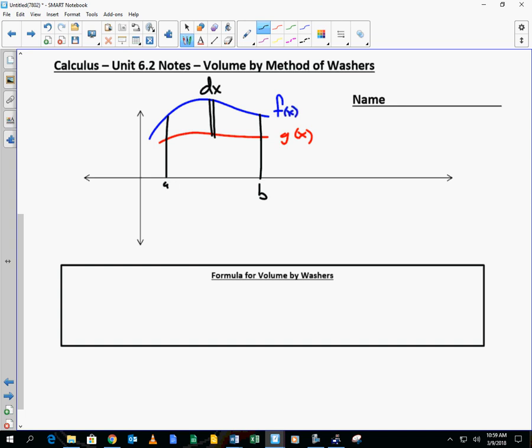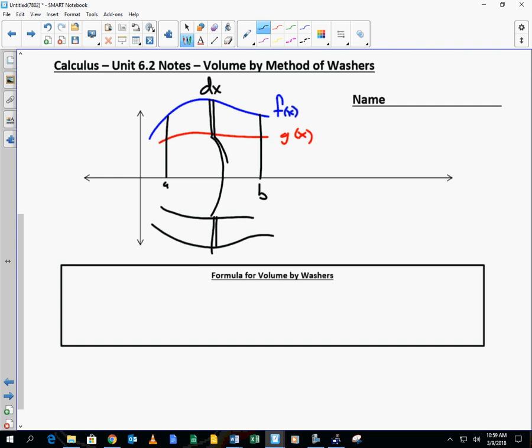And so what happens is if we revolve this rectangle around, I'll try to draw somewhat of a similar shape there. We're going to revolve this rectangle around to a symmetrical spot below.